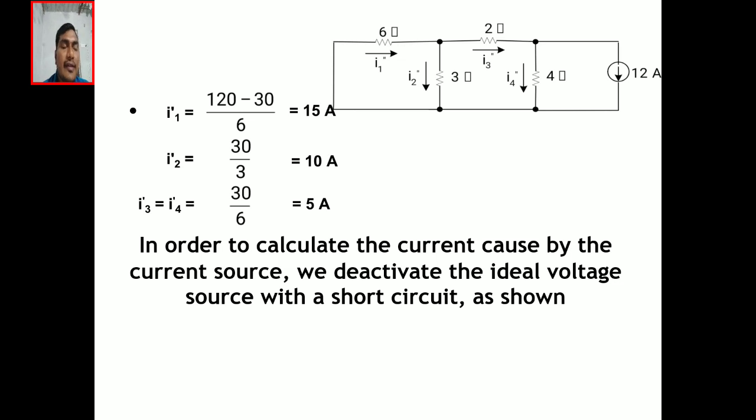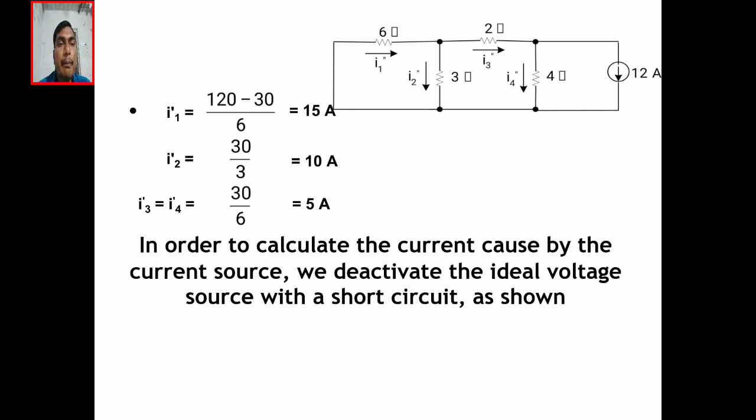Now in the second step, we will consider the 12 amp current source alone. So we have to deactivate the voltage source, that is 120 volts. I already told you that removing the voltage source means a short circuit. In order to calculate the current caused by the current source, we have to deactivate the voltage source with a short circuit.